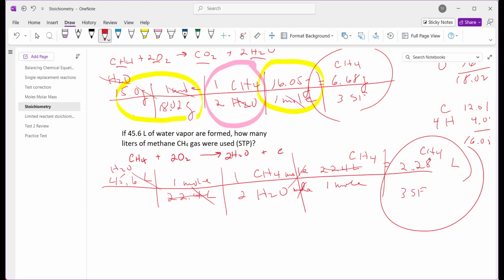Again, 3 steps: convert to moles, mole ratio from the balanced equation, convert to what you're trying to calculate.